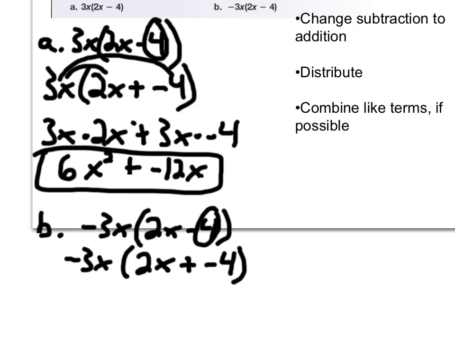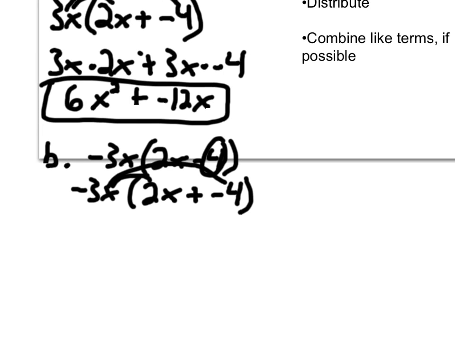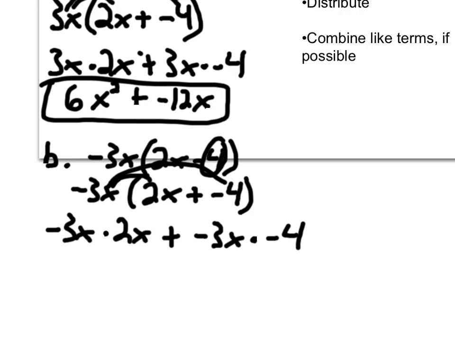Next step is to distribute, so draw those arrows again. They remind us to multiply these things. So now I'm going to take negative 3x times 2x plus negative 3x times negative 4. I'm going to do the same thing I did in the example above, except this time I got negative 3 times positive 2.